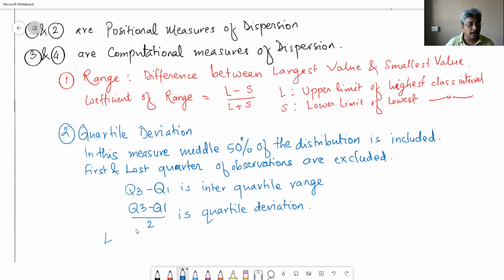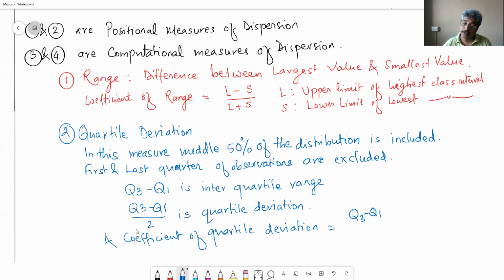And coefficient of quartile deviation is equal to Q3 minus Q1 upon Q3 plus Q1.